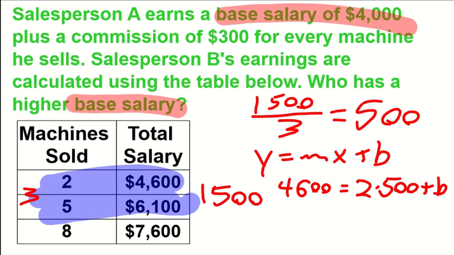The other tricky thing with this is sometimes it'll ask you which one's lower, and sometimes it'll ask you which one's higher. So pay attention to what it's asking you for and make sure you're answering what it's looking for, okay? Nothing about this is way more difficult than what we've been doing, though. It's just a little more to it.